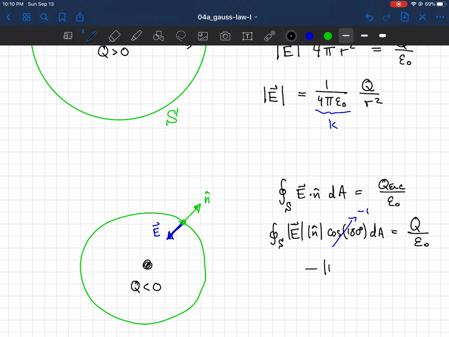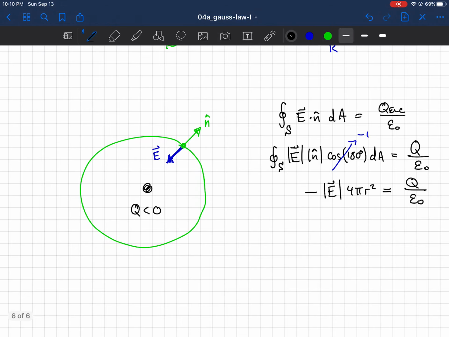So what I get is minus magnitude of E times 4 pi r squared is equal to q over epsilon naught. Or the magnitude of E is equal to 1 over 4 pi epsilon naught times minus q over r squared. But we assumed that q is negative, so a minus q just means a positive.